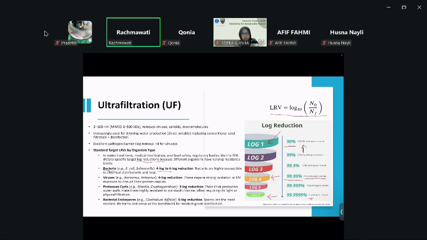The bacteria are highly susceptible to chemical disinfectants and heat. While for viruses such as norovirus or rotavirus, the aim is at least log 4, which is around 100 pathogens remaining in the drinking water. These actually require strong oxidation or UV exposure to disrupt their protein capsids.